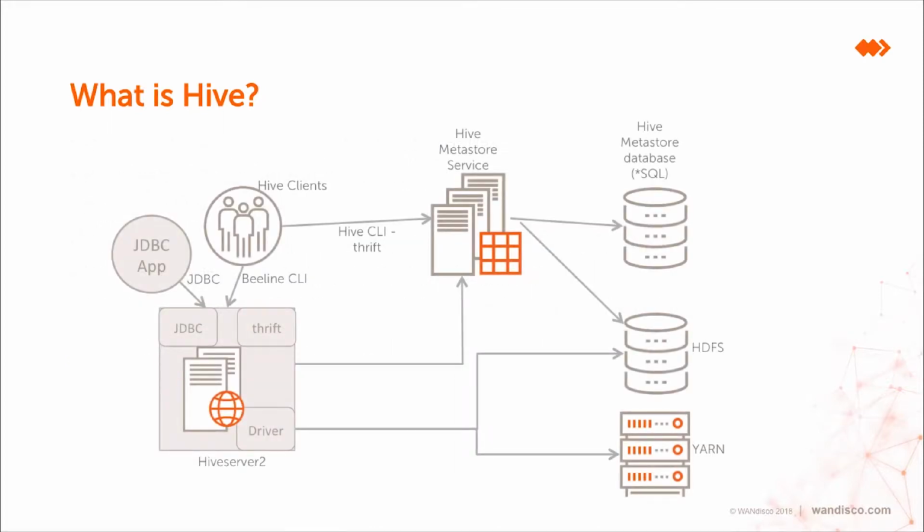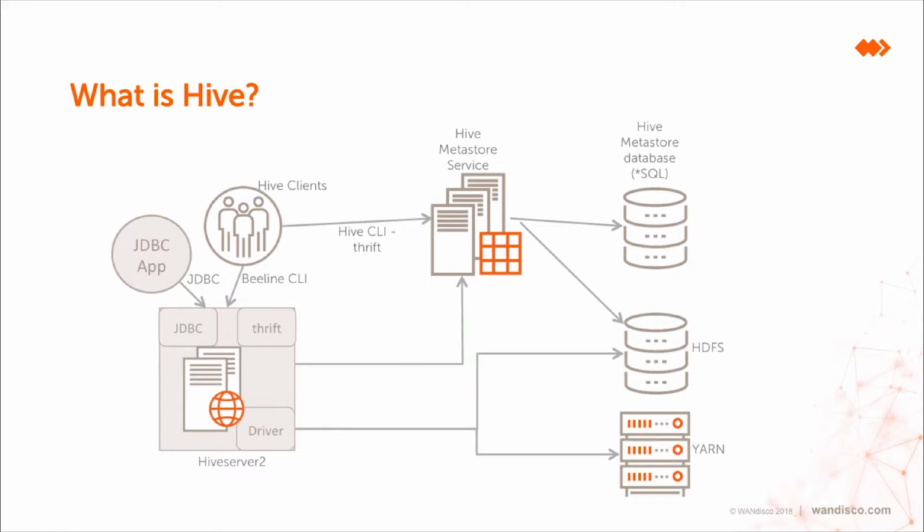What is Hive, the architecture? You can see the main components of Hive as they sit in a Hadoop cluster. One of the key services is the Hive Metastore service that integrates with the Hive Metastore database. This is typically a SQL database that runs in the cluster.